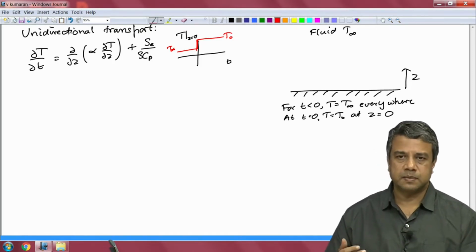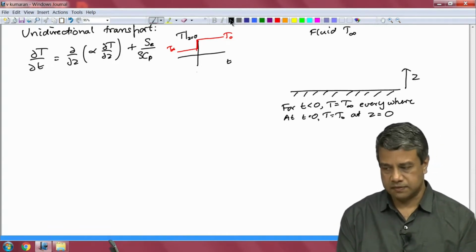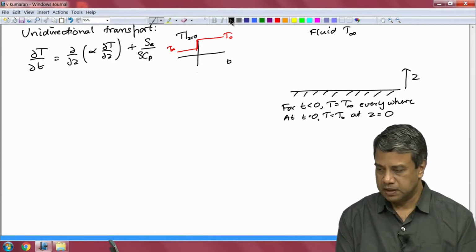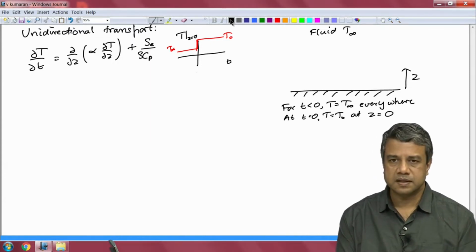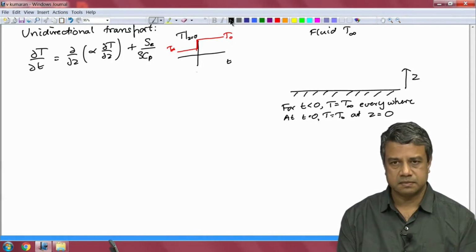And obviously, when the temperature increases, the temperature of the surface is higher than the temperature in the fluid, and therefore, there will be heat conduction from the surface into the fluid. And we would like to know what is the temperature profile as a function of time in this case.